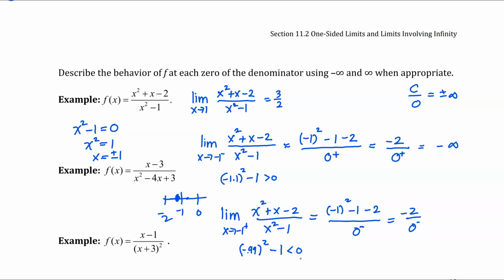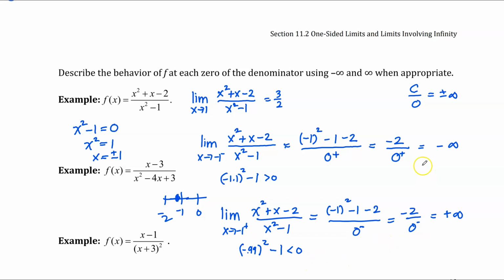So you have a 0 minus in the denominator. So -2 over 0 minus is equal to, negative over negative is positive. So this gives you positive infinity. So the limit of the function as x approaches -1 from the right is equal to positive infinity.